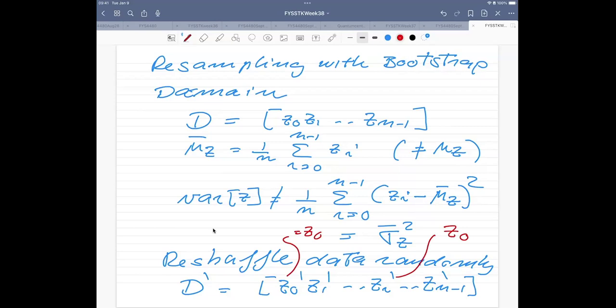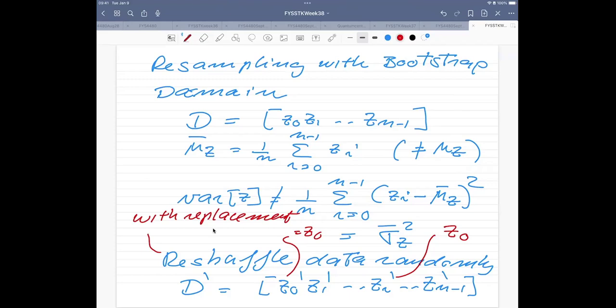So this is reshuffling, and I'm going to mark it here with replacement. That means that we put back the number which we picked out, and then we pick randomly again, which means that we can actually pick some numbers twice or 3 times or even more times. Then I have a new data set.